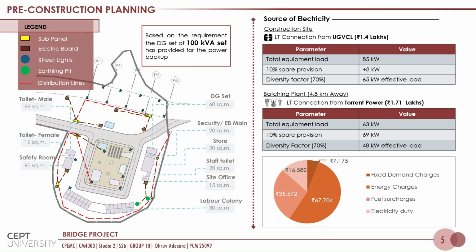Based on the total load, a transmission line has been procured with the effective load of 65 kilowatt and 50 kilowatt respectively. The pie chart below shows electrical charges for 1 month and their cost distribution among the fixed demand charges, electrical charges, fuel surcharges, and electrical duties.